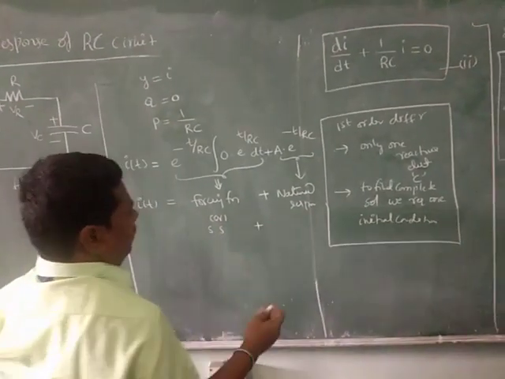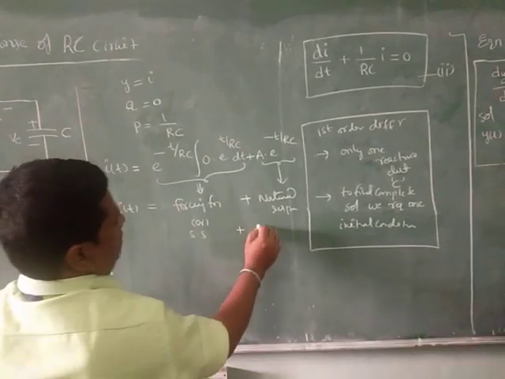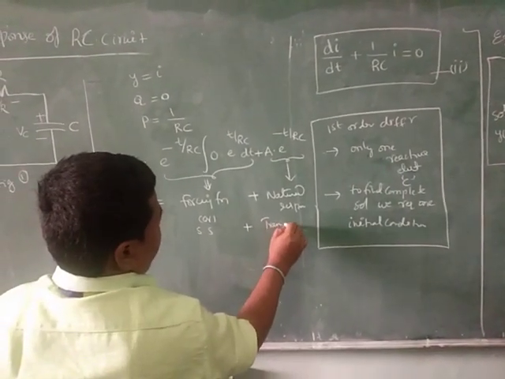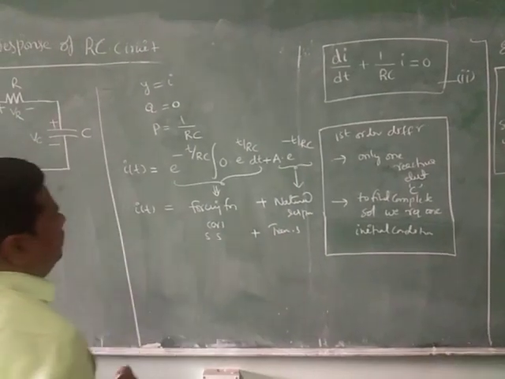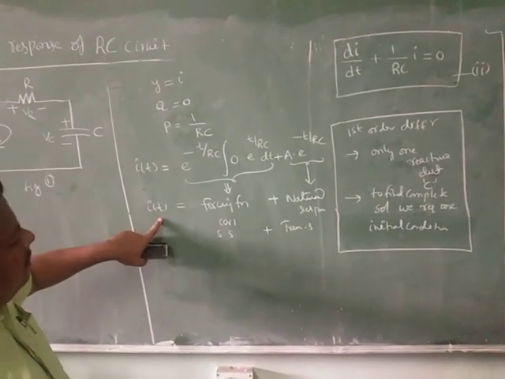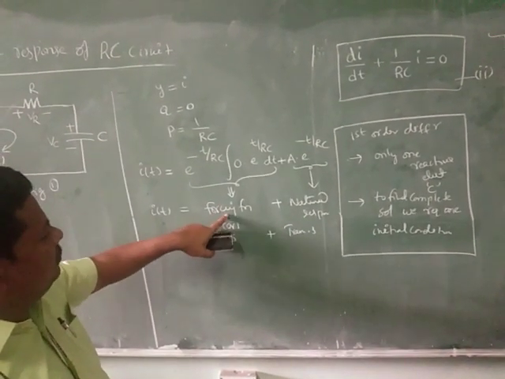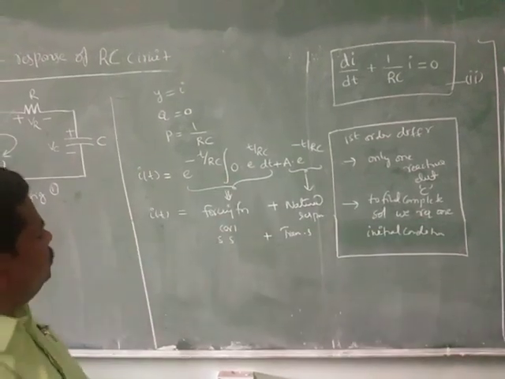These are the different names we already discussed in the last video lecture. This is the transient response. That means in this case the current response consists of only the transient response. The steady state or forcing function response is 0.